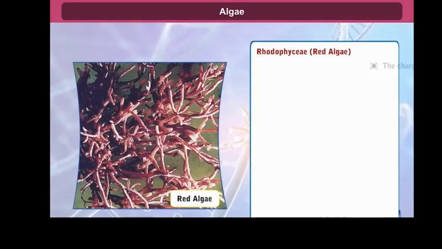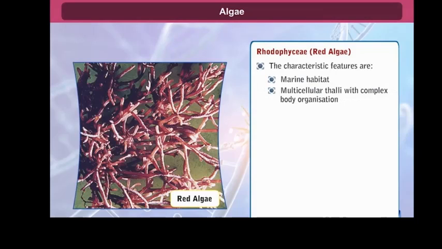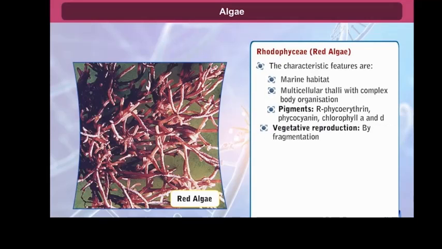Rhodophyceae, red algae. The characteristic features are marine habitat, multicellular thalli with complex body organization. Pigments are phycoerythrin, phycocyanin, chlorophyll A and D. Vegetative reproduction by fragmentation.